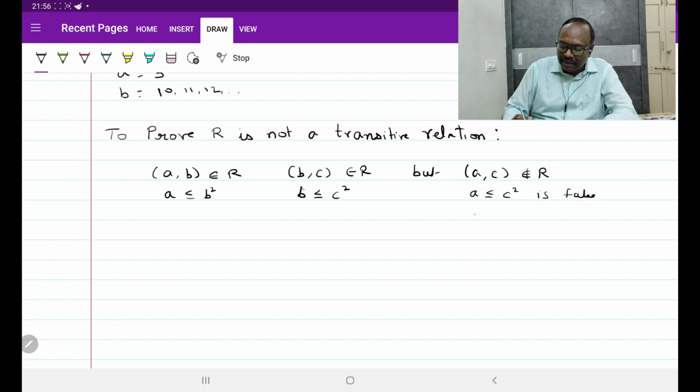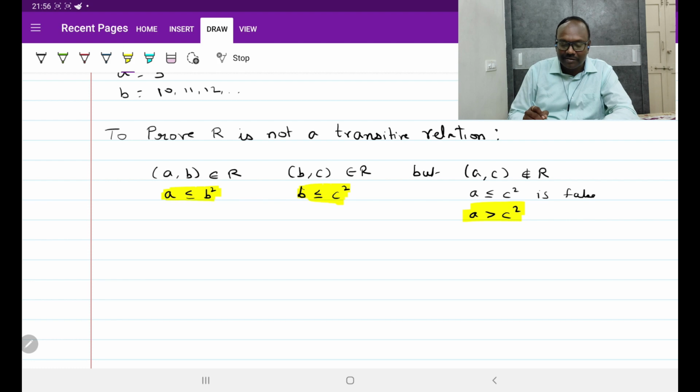So which means a should be greater than c square. So we should be able to identify the condition where the value of a is greater than c square, and it should satisfy the condition that a is less than or equal to b square and b is less than or equal to c square.